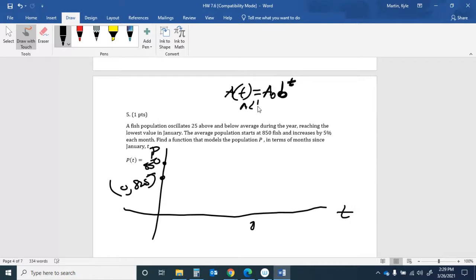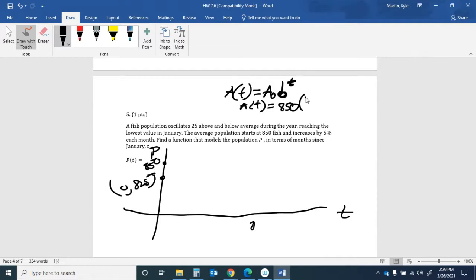And so for us, in this problem, a sub t equals the initial population, a sub 0, your initial average population, because average is what's increasing by 5%. So the initial average population of 850 times 1 plus the growth, which is 5%. So 1 plus 0.05, we're going to use that as a decimal, not as a percent.